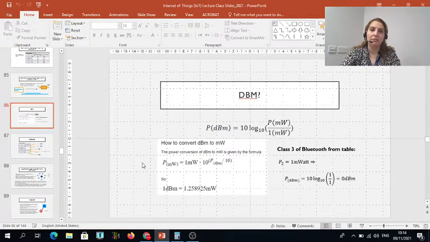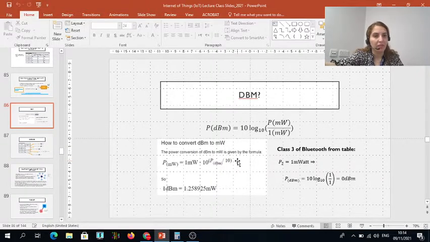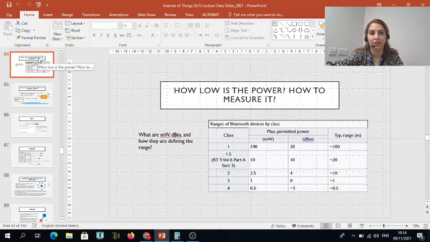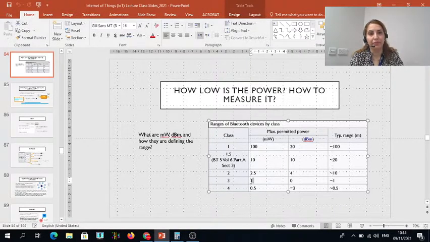Now, let's say that in this case, I'm looking at class 3 from the table. Let's go back and check class 3. So class 3, the maximum power is 1 in milliwatt. We want to check how that one is giving 0 dBm, how that happens exactly.